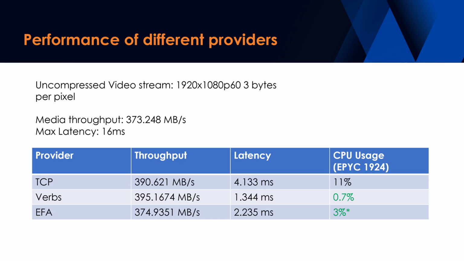We compile it once, and then we put it on these different nodes in these different setups. So for a full HD 60p frame, our target media throughput, if you do the math, would be around 373 megabytes per second, and the latency would be around 16 milliseconds. If we look at these different providers, the media throughput is really, really close.